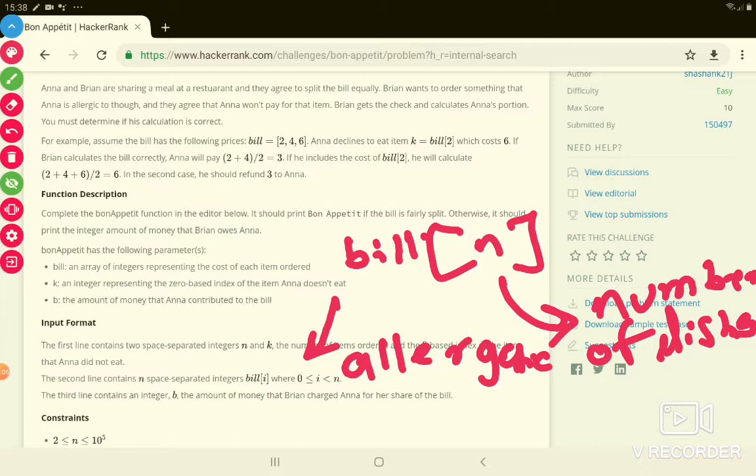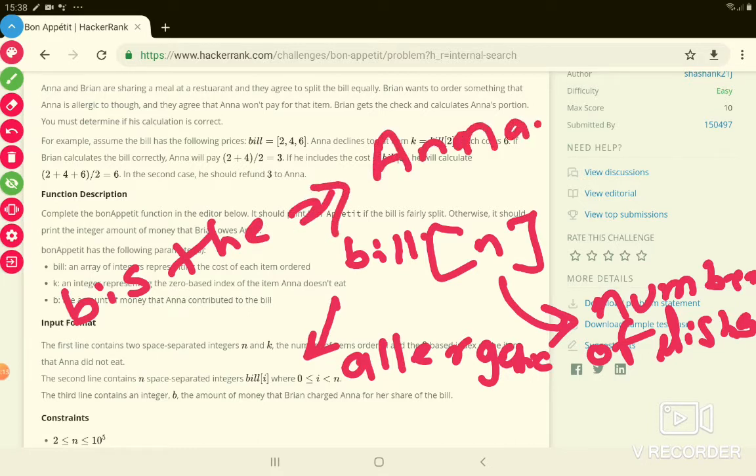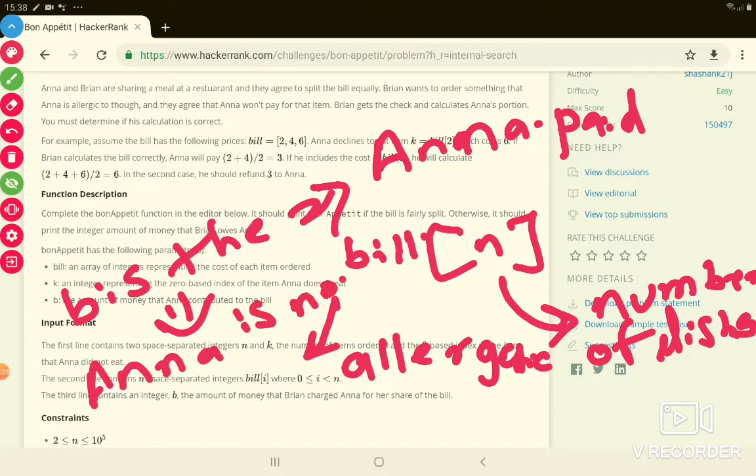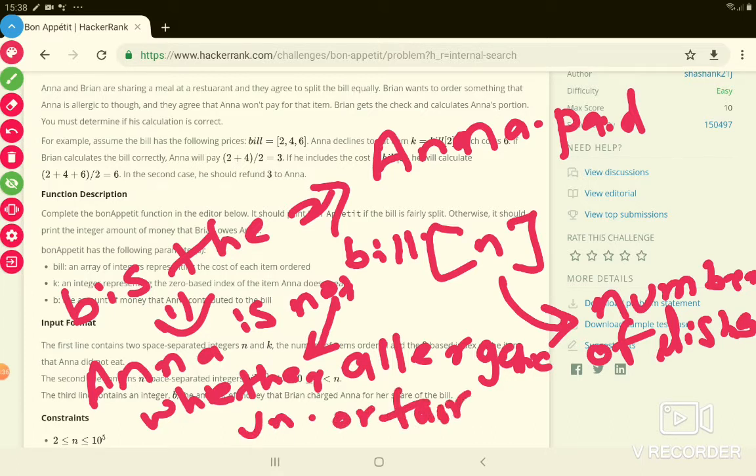B is the amount Anna paid. Anna does not know whether it is unfair or fair. She just paid it.